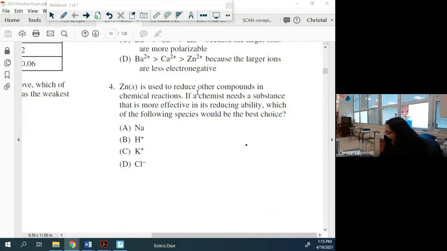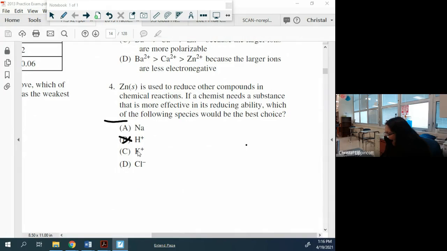Okay. So zinc is used to reduce other compounds. If a chemist needs a substance that's more effective, which one of the following would be the best choice? Okay. So if we have these two here, they already have a plus ion. And so hydrogen can't lose another electron in order to reduce something. It doesn't have any electrons to lose. It's already lost everything that it can possibly lose. So that guy is out.